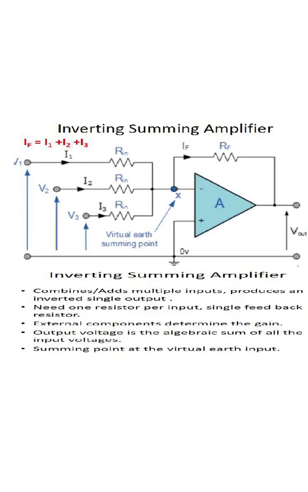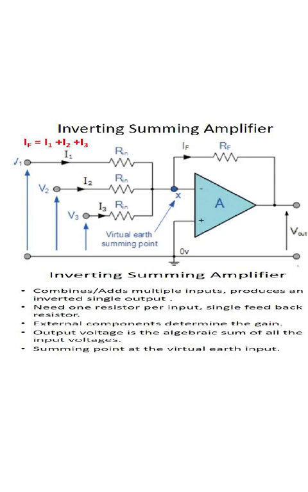The current flowing across R1 is I1, R2 is I2, R3 is I3. The current flowing across RF is IF. The inverting summing amplifier combines or adds multiple inputs to produce an inverted single output.